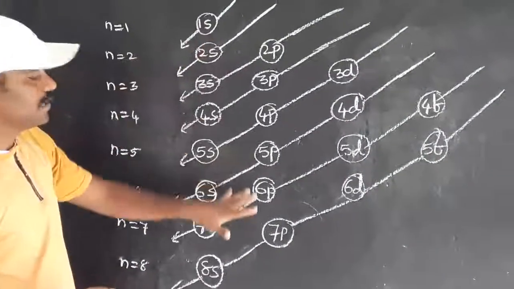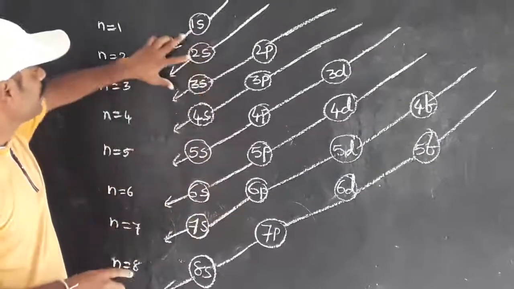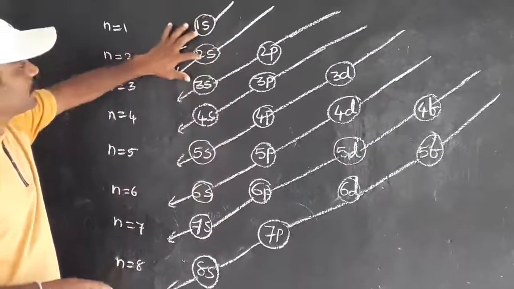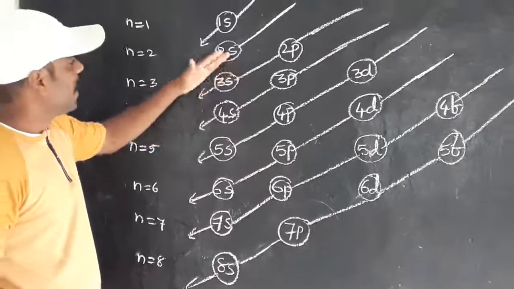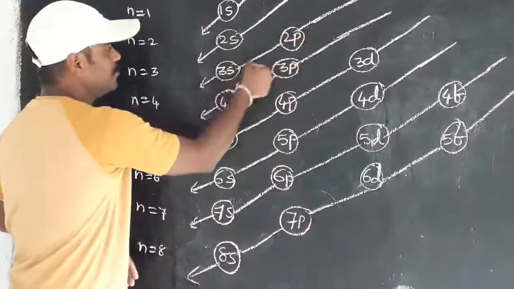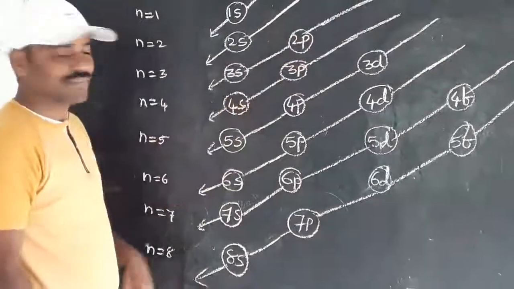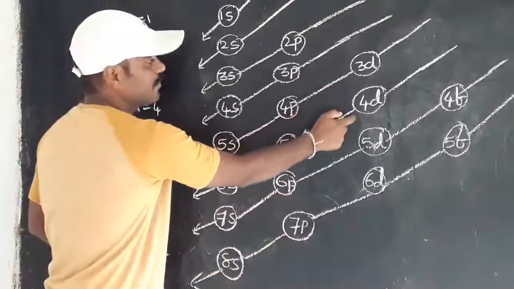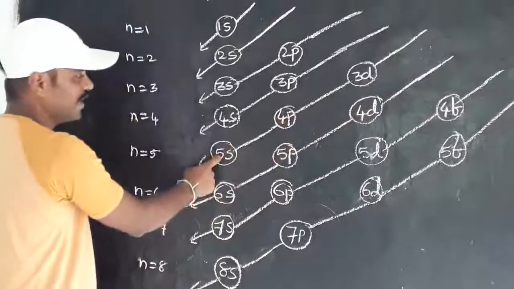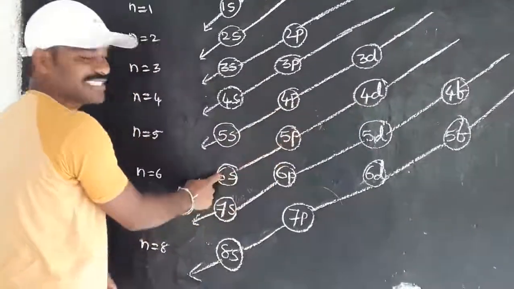If you look at the total chart, the first two arrows pass through only a single orbital. See, 1s followed by 2s. The second two arrows pass through 2p, 3s, 3p, 4s. And the remaining ones, the fourth and fifth, pass through 3d, 4p, 5s, and 4d, 5p, 6s.